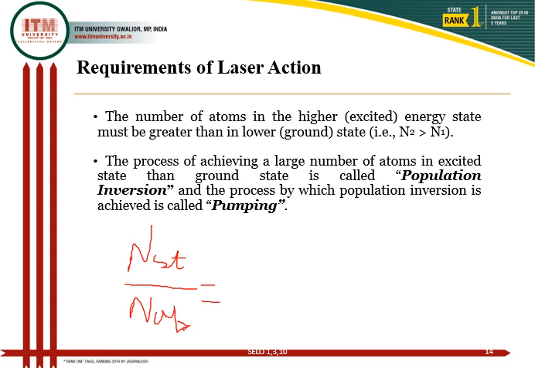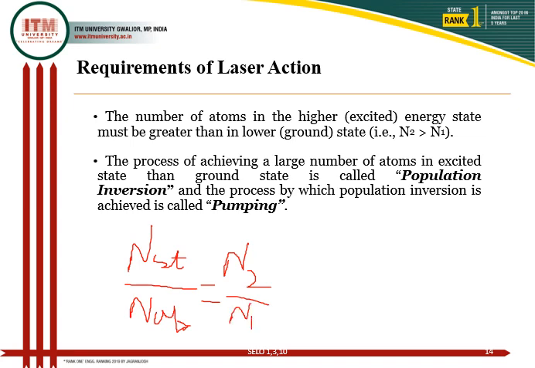In the case of stimulated emission, energy density is there, and it is in absorption also, so both will cancel out. Stimulated emission depends on N2 and absorption depends on N1, so you will be left with N2 over N1.